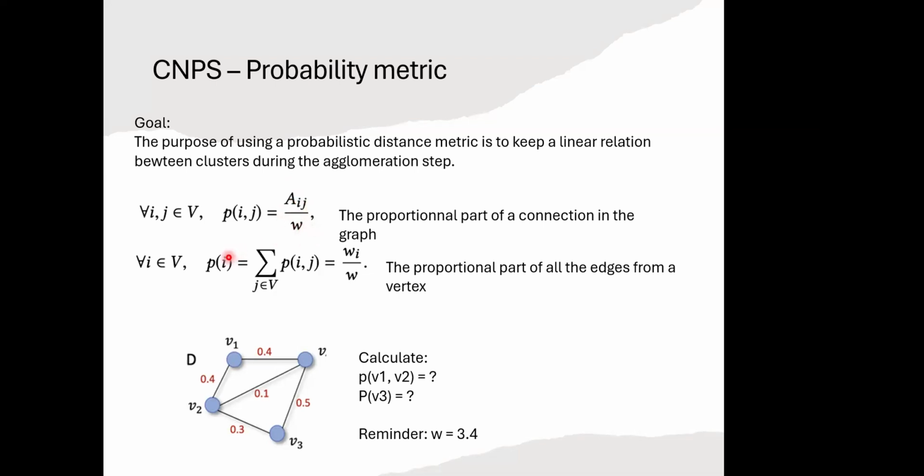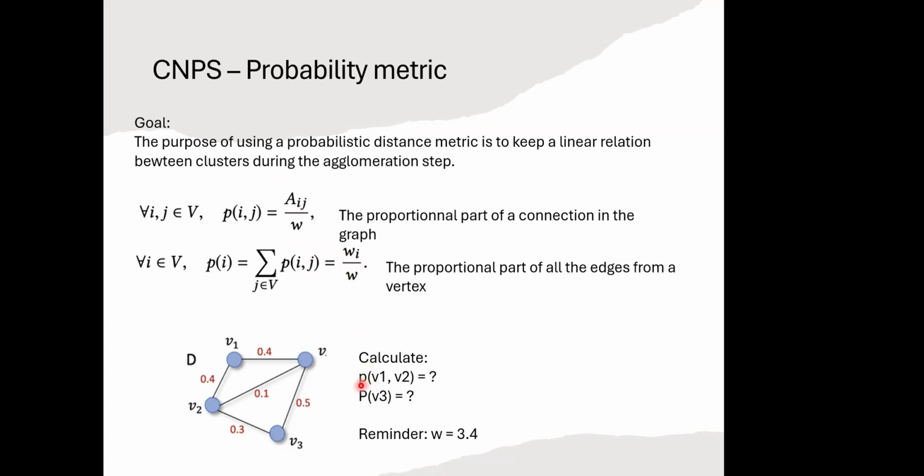And Pi, the probability only of node i, is computed as all the connections going outside i, all the edges of i, divided by the whole weight. So actually, those are really connected. Pij is the edge of ij divided by the whole weight, and Wi is all the edges going outside the i node divided by the whole weight.